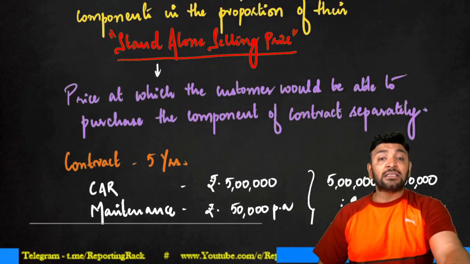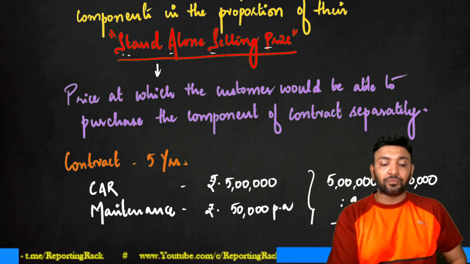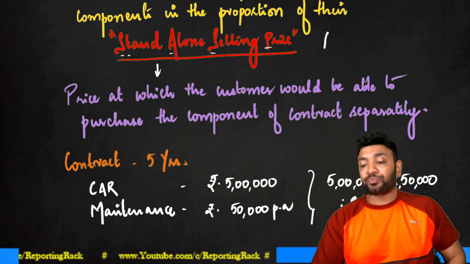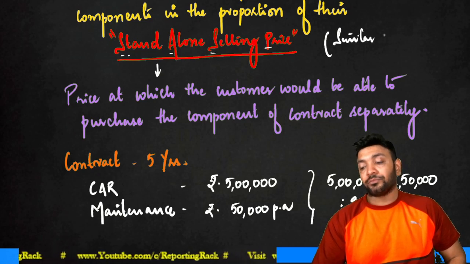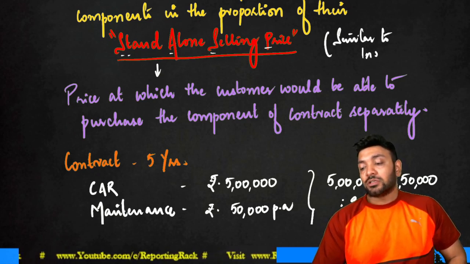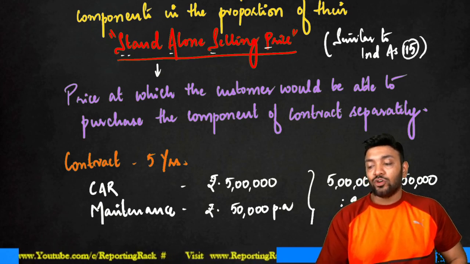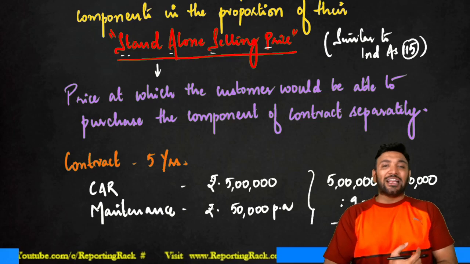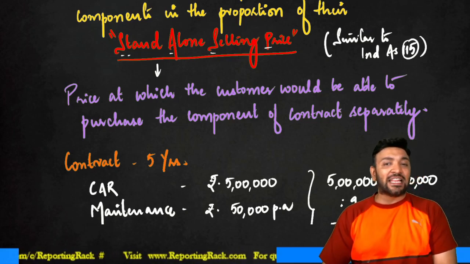This is called standalone selling price. This concept is similar to IND AS 115. So many paragraphs are similar to IND AS 115. I'll again discuss standalone selling price even there.